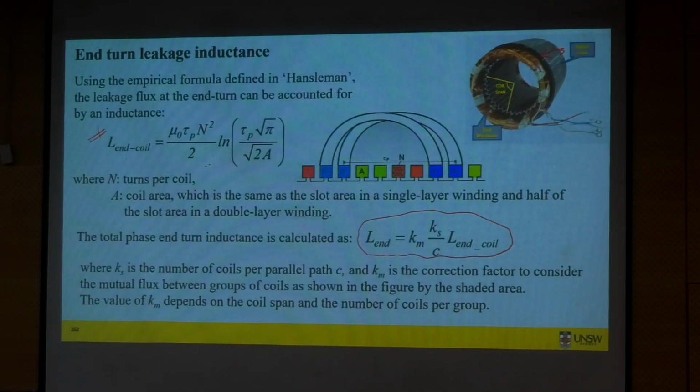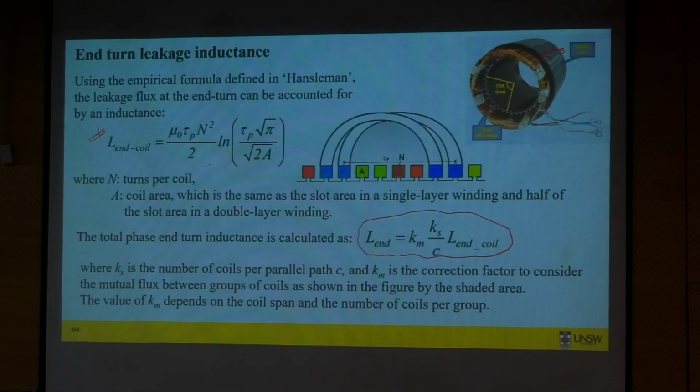Once the slot dimensions are known, this can be calculated. It's an empirical formula estimation only, so it's not always accurate, but in finite element you may need to calculate it to make your performance analysis more accurate.